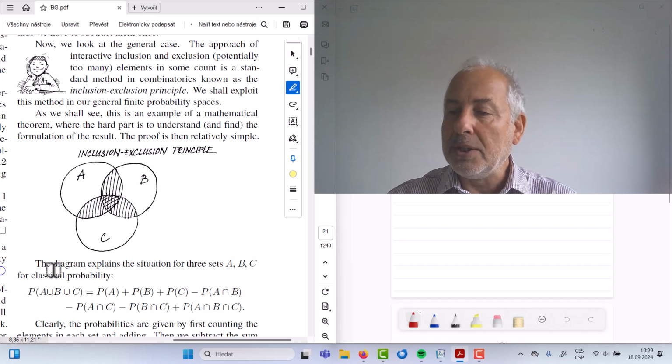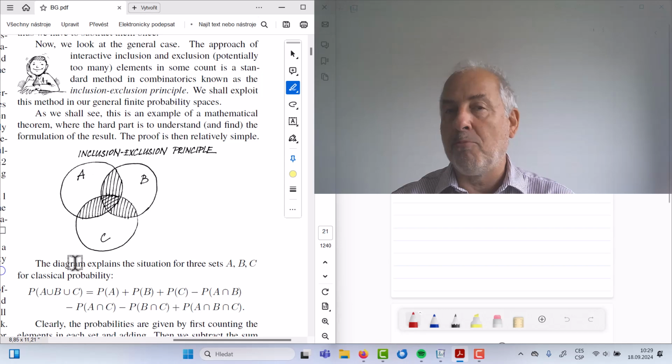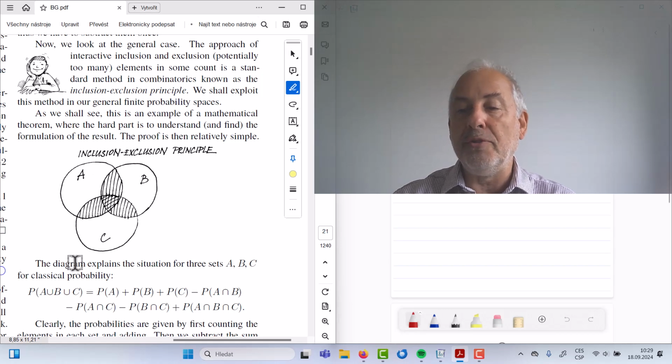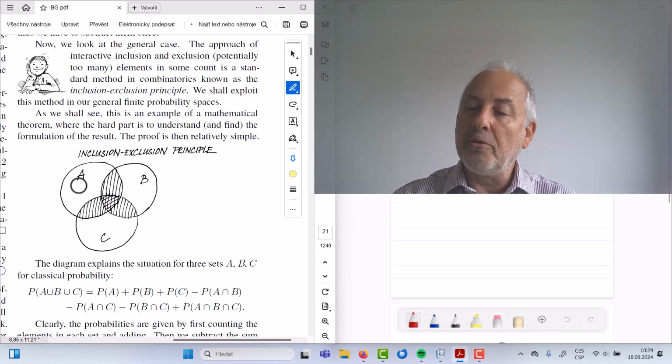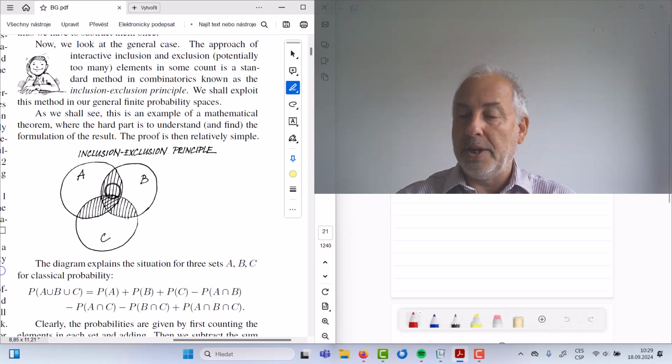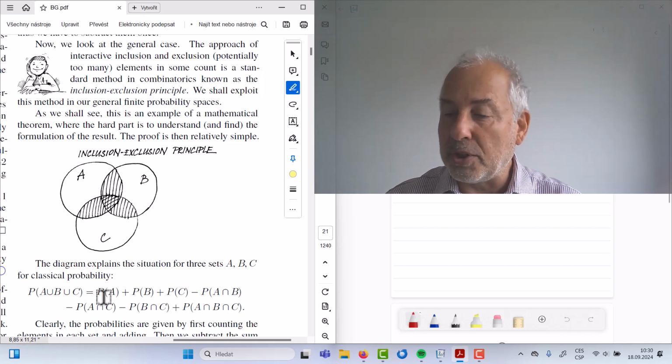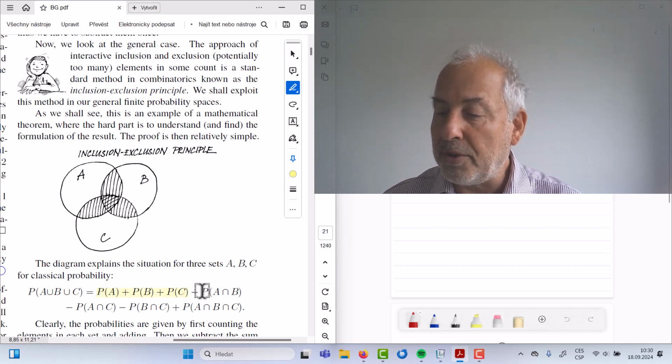we start thinking about more subsets, right? More events. So let's have 3 events, A, B, and C. So if we count them together, then we of course counted the points which are in 2 of those twice. But if we subtract them properly, so this is the sum of all, then we subtract all the intersections.